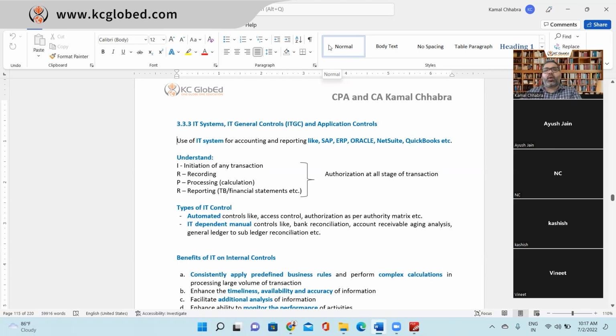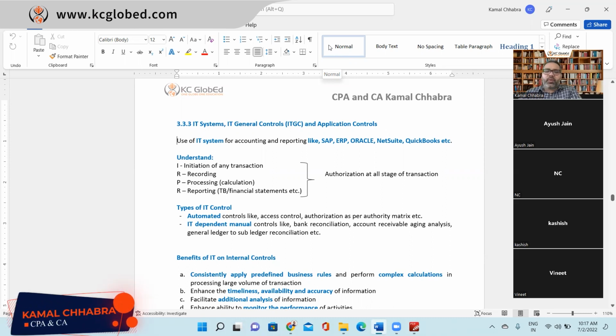So what all things as an auditor we need to understand about the respective process in the accounting, for example purchase to payable process, receivable process, treasury process, payroll process, or PP&E process. What you need to understand is initiation of any transaction at the respective process level, recording of the transaction, processing of the transaction, and reporting of the transaction.